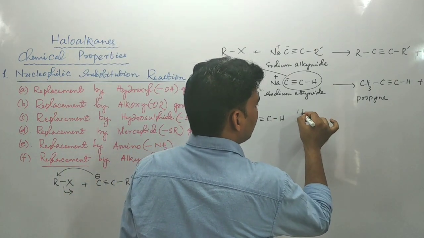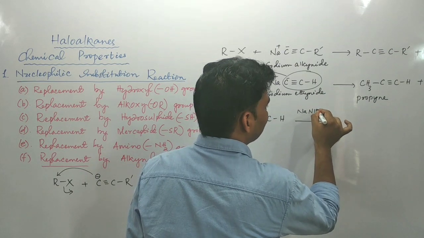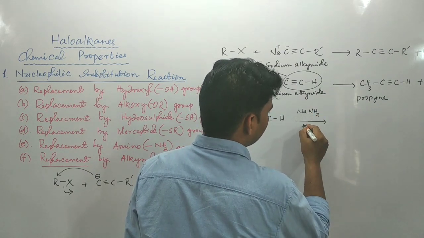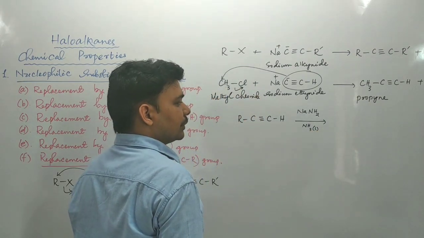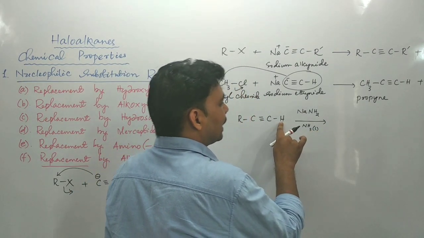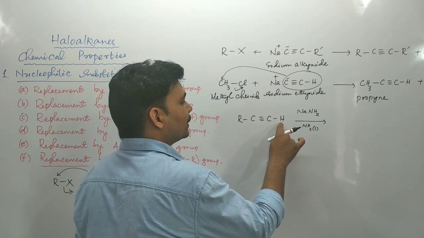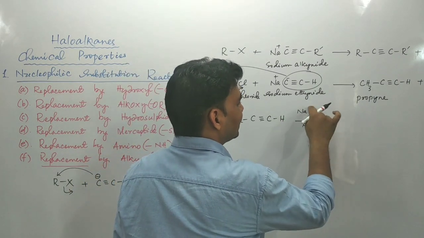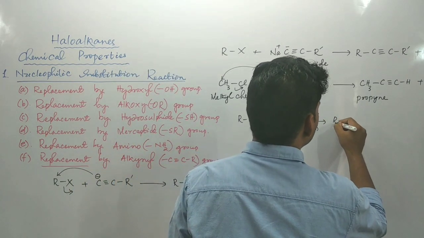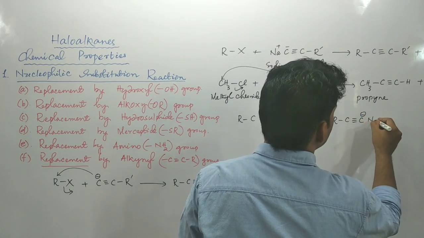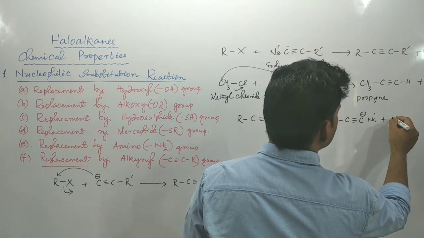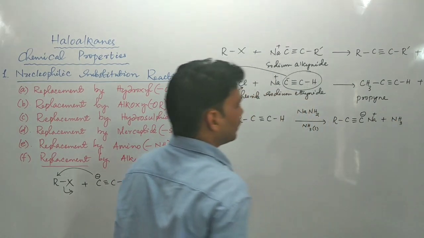So when sodamide, NaNH2 in the medium of liquid ammonia, is taken with it, this H+ ion will be taken up by this NH2-, such that you will get your salt plus NH3.